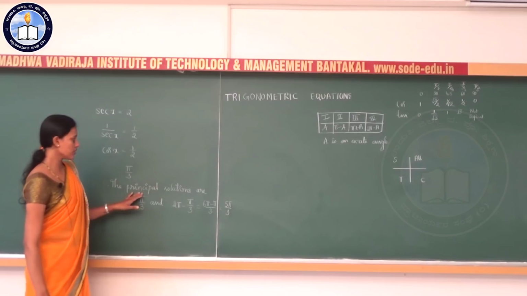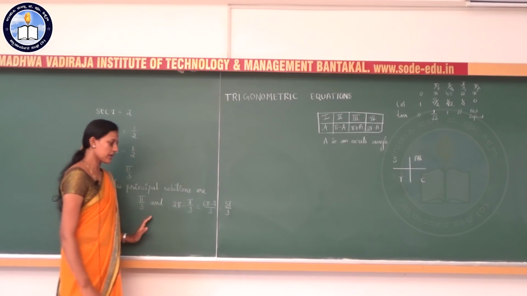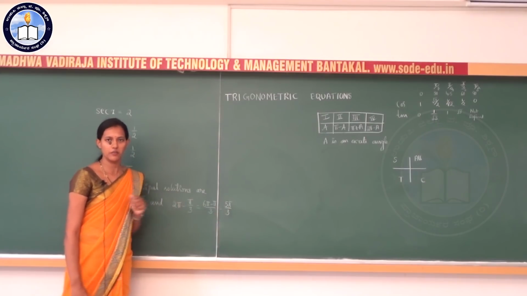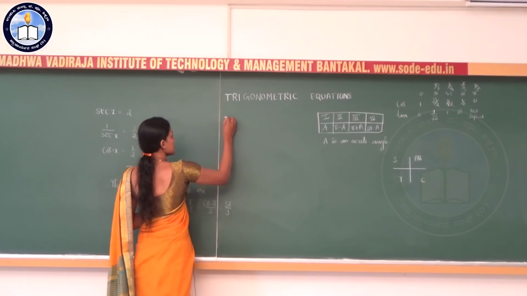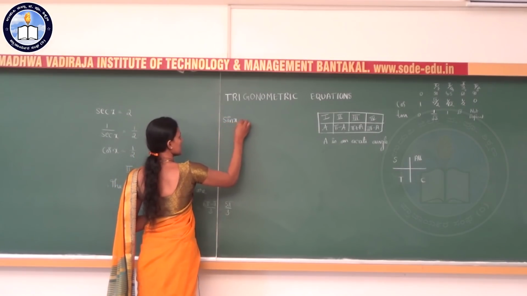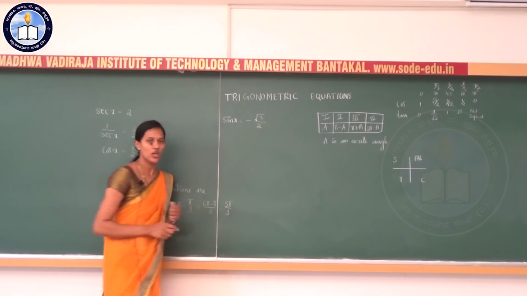So the principal solutions of secant x is equal to 2 are pi by 3 and 5 pi by 3.